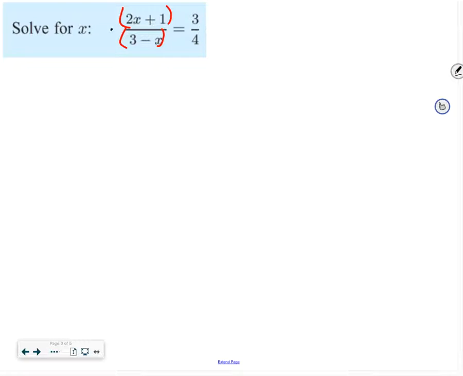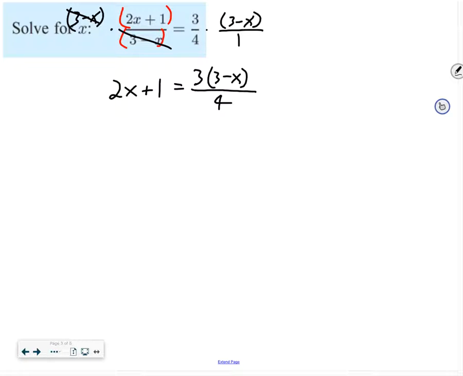So I'm going to multiply by the quantity 3 minus x here, and this side by 3 minus x. I'm going to put over 1 just to remind me of my multiplication. These are going to cancel out because that's the purpose of me multiplying by 3 minus x, and I get 2x plus 1.